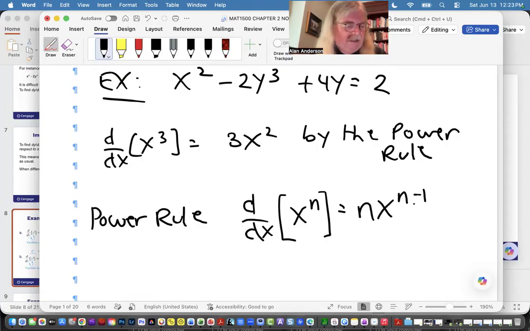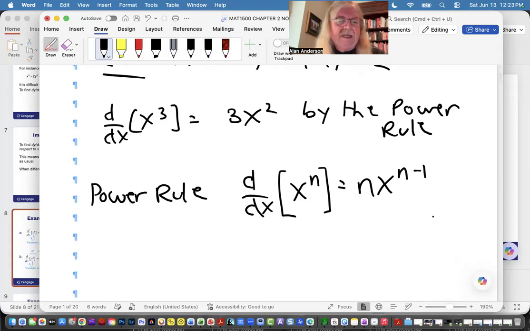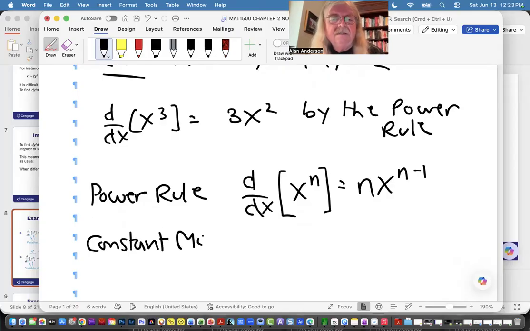So this one, we like this rule. It's very straightforward. Then we also came across the so-called constant multiple rule, which looks like this.